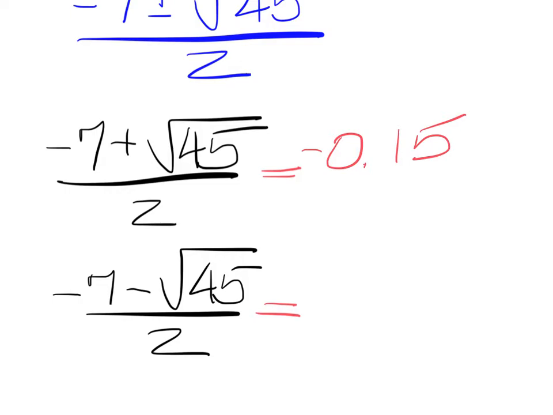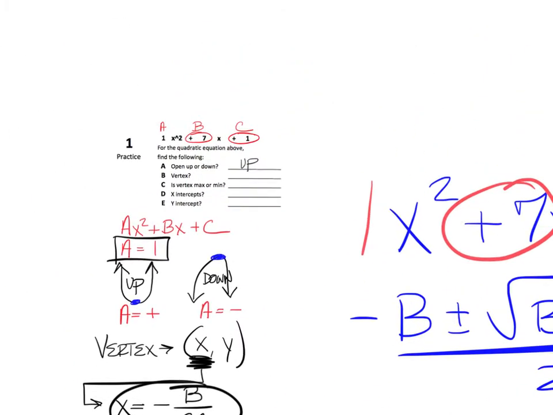On the bottom one, you type in negative 7 minus the square root of 45 and hit enter. Leave it in your calculator and divide by 2, and you will come up with a negative 6.85. You have now found where the graph is going to cross the x-axis, and you can put those in your answer sheet up here at the top.